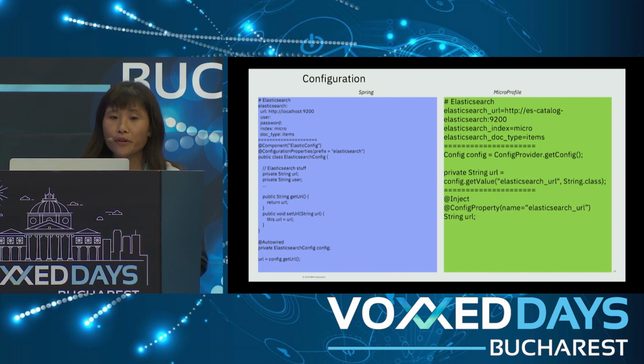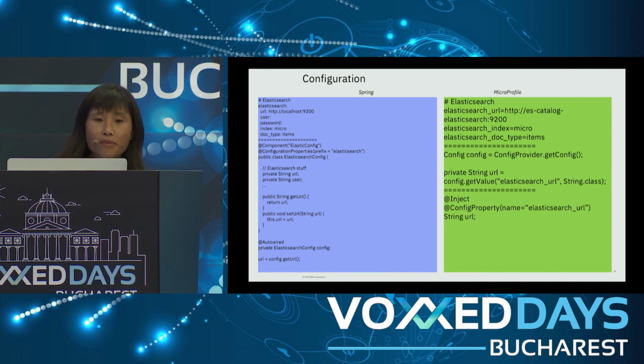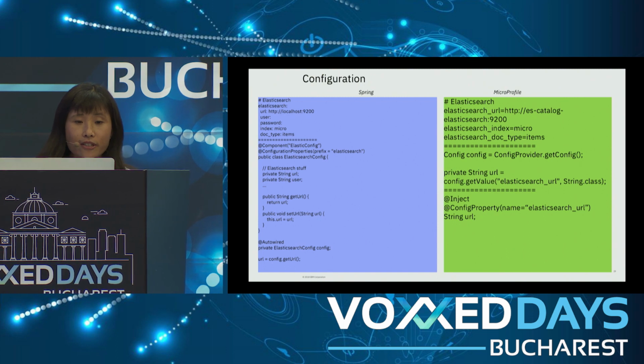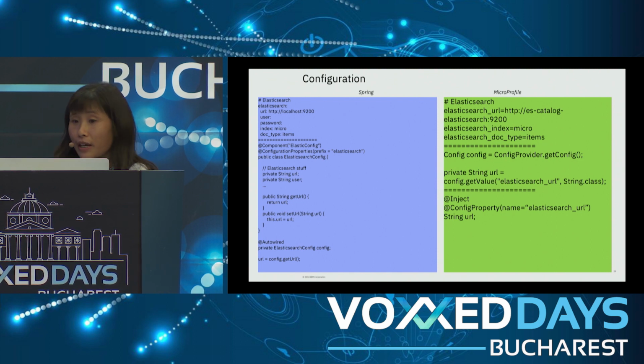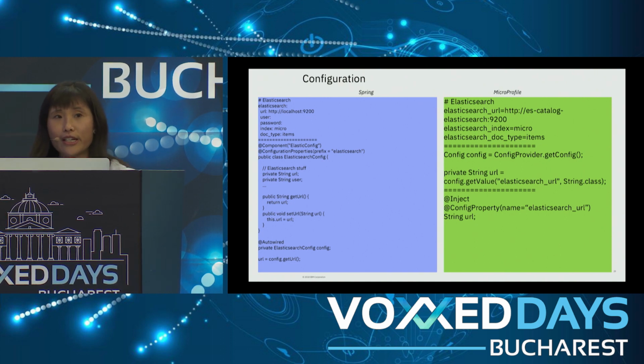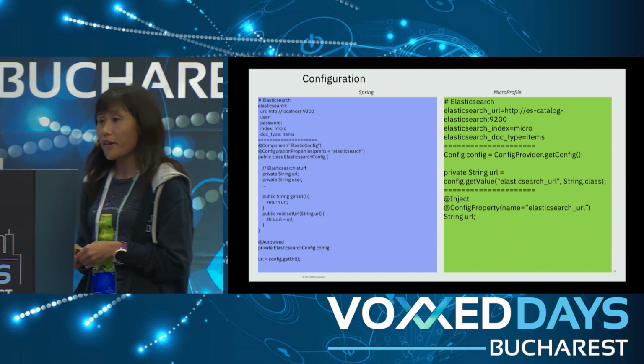On the top, you can specify the property in Elasticsearch, then use the properties with the prefix Elasticsearch and directly inject the properties there. In MicroProfile, you can do getConfig and config.getValue, or you can use direct injection with @Inject @ConfigProperty Elasticsearch underscore URL. So this is the config.